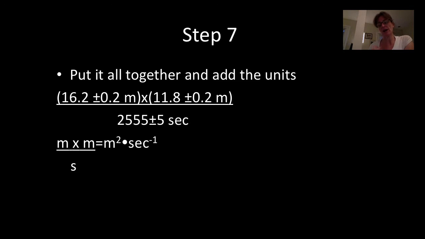And the way that I express, and we've talked about this, the inverse of anything, so 1 over seconds, will be seconds to the negative 1. So putting it all together, my answer is 0.0748 plus or minus 0.002 meters squared per second. Very nice.